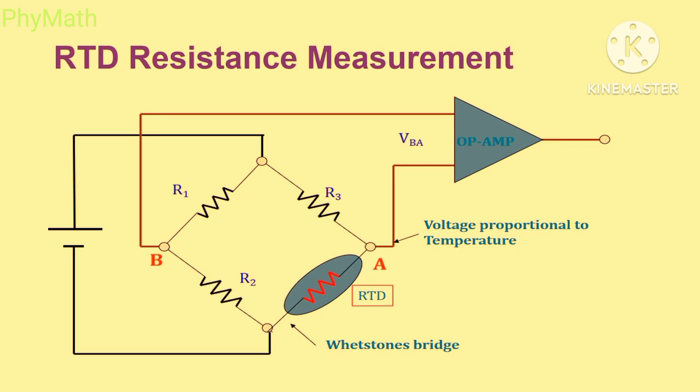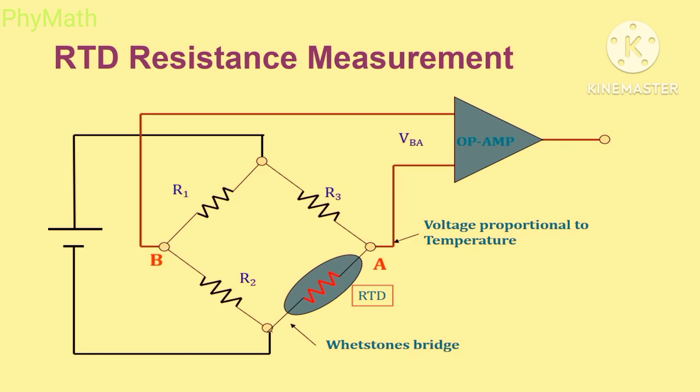Then the RTD resistance measurement. How to measure the resistance of RTD? As we know, for the construction of RTD, metals are used, and metals have positive temperature coefficient. That means if temperature increases, then the resistance will increase. You can measure the resistance of RTD by using a Wheatstone bridge.